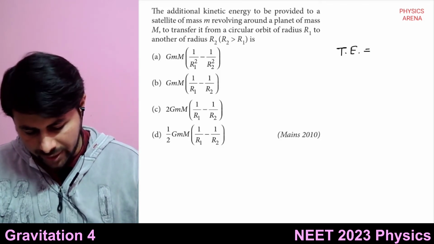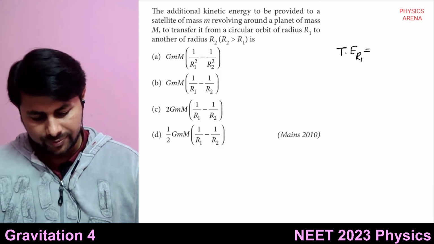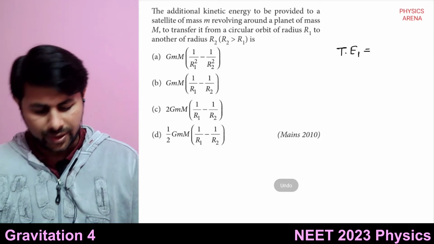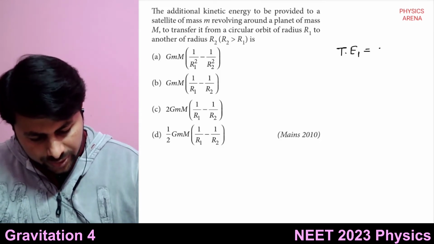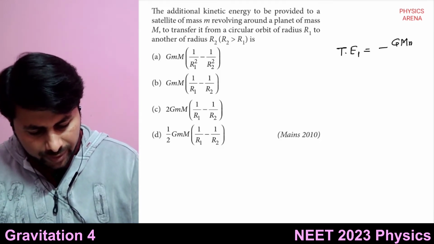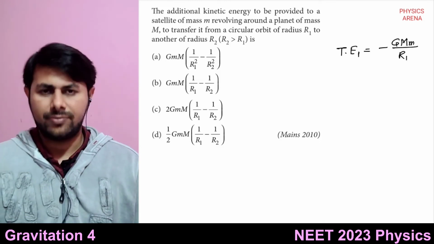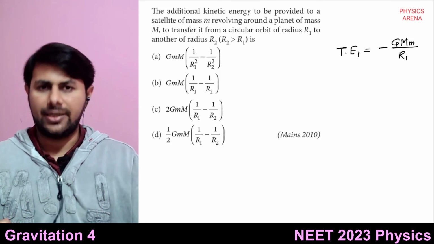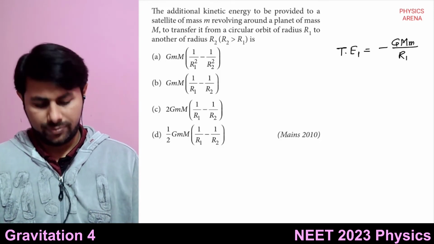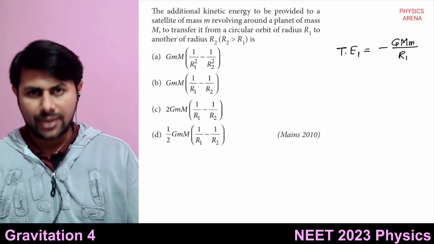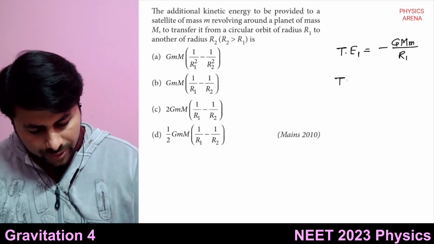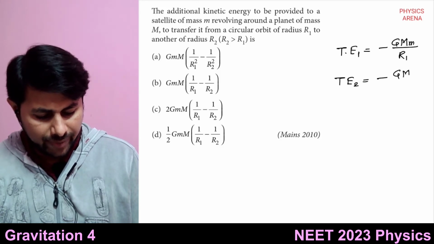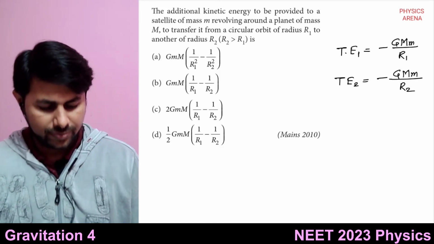Let's call it total energy 1. It is minus GMm divided by r1. Then when it goes to the other radius r2, it will have total energy equal to minus GMm divided by r2.